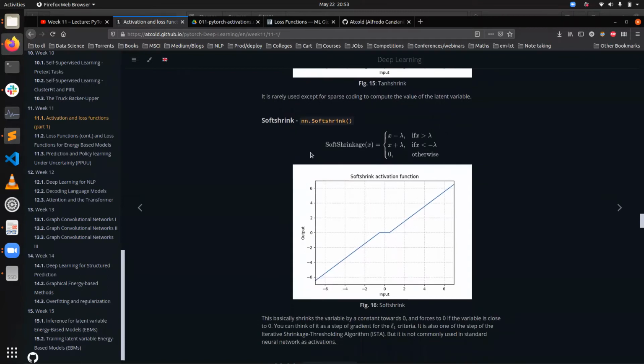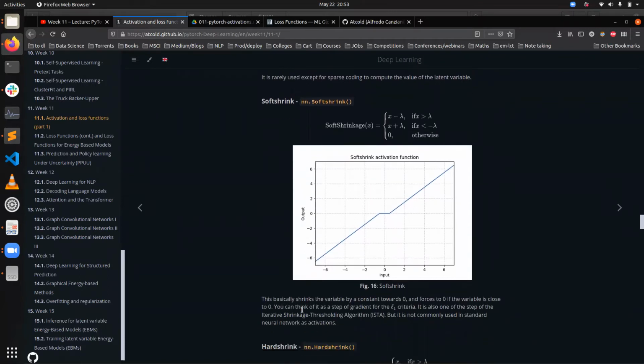So soft shrink just shrinks the variable by a constant towards 0. It reduces the value of the input signal by a constant, which is lambda, if it's greater than lambda, and if it's a negative value less than minus lambda, it adds lambda.